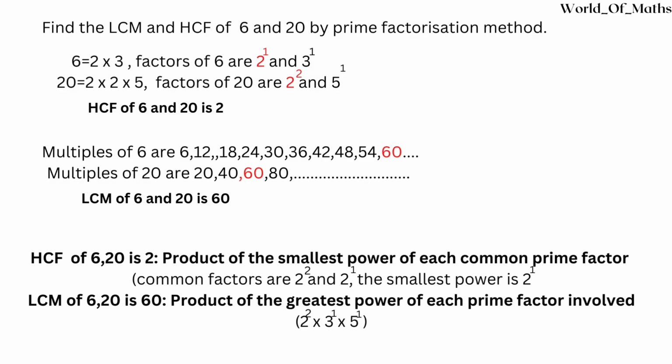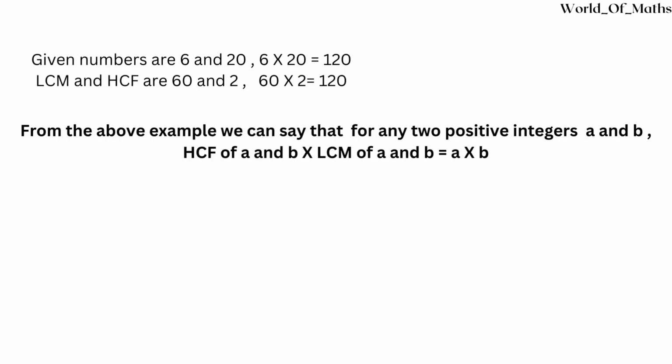To find the LCM of 6 and 20, we need to multiply the greatest power of each prime factor involved. So 2 to the power of 2 multiplied by 3 multiplied by 5 will give you the answer 60, which is the LCM of 6 and 20.